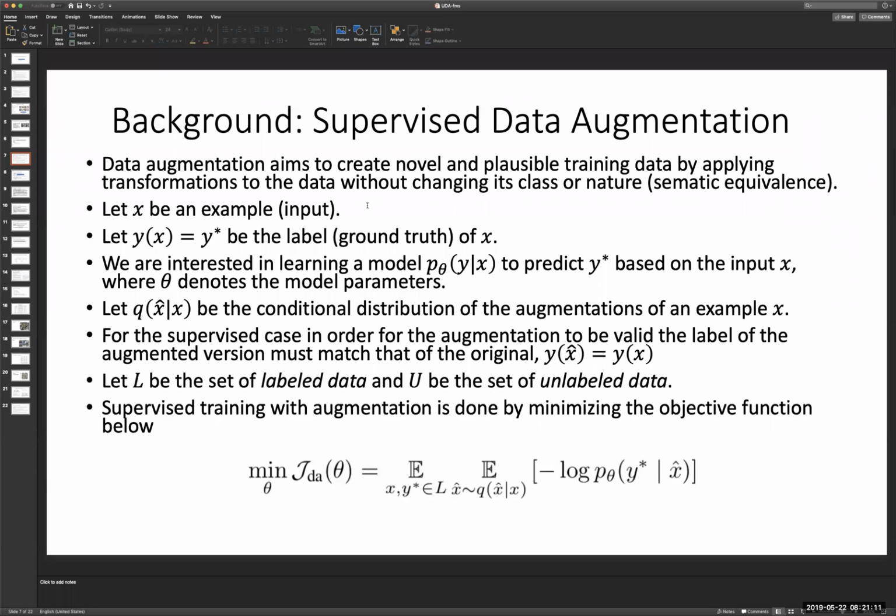But the fundamental components within this density model are deep learning networks. And so theta, in this case, is going to be the weights and biases of the deep learning network.